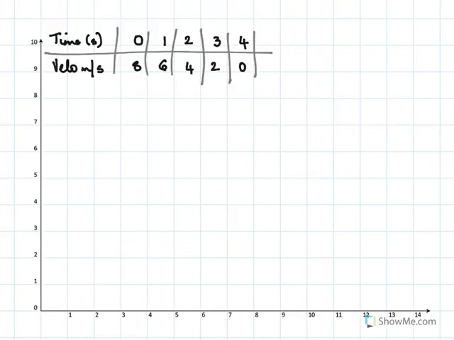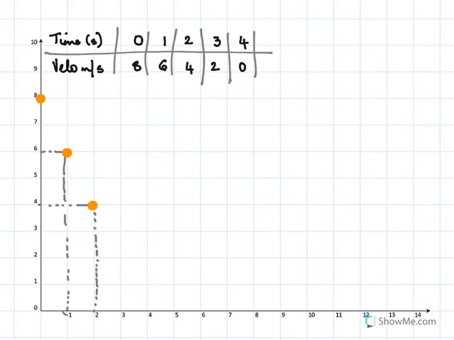Let us plot this graph again, time velocity graph. At 0 seconds, the body has a velocity of 8. So this is 0 seconds, the velocity of the body is here. Then at 1 second it has got 6, so it is at this point. Now at 2 seconds it is 4, so it meets here.